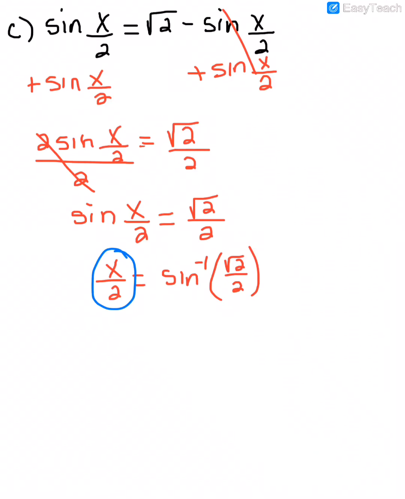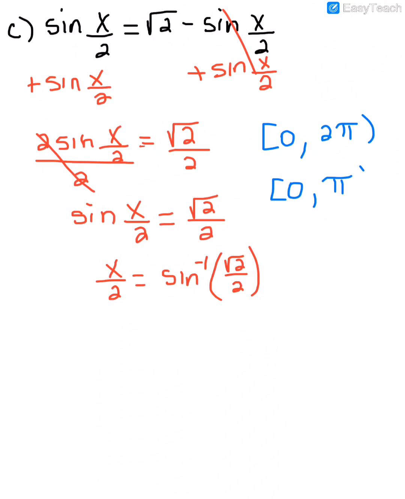So we're going to have to, again, alter our interval. Since our regular interval was between 0 and 2 pi, now we're going to divide by 2, so our interval is between 0 and pi, because that's half of it.